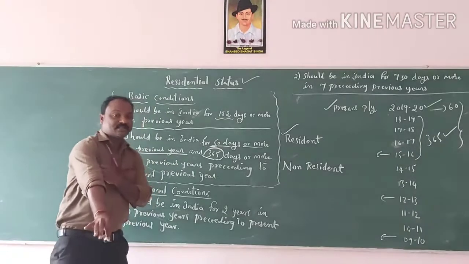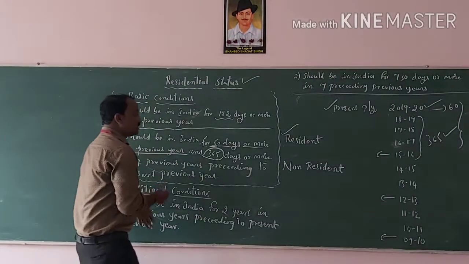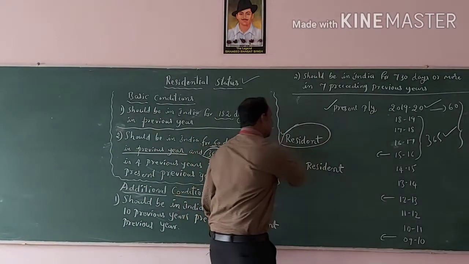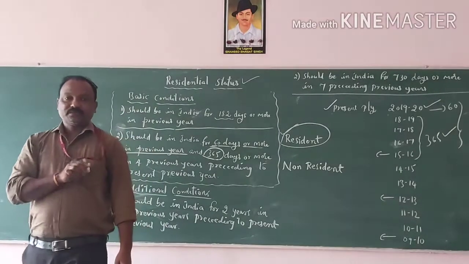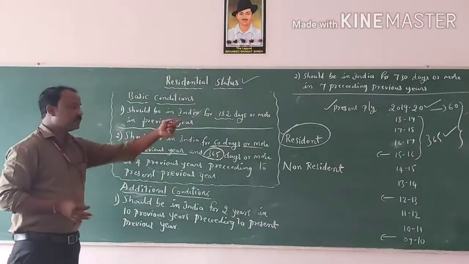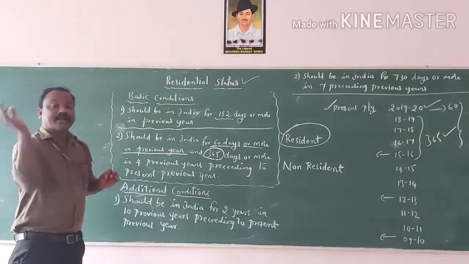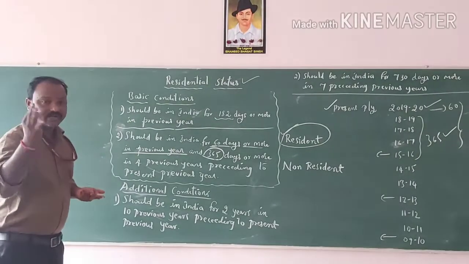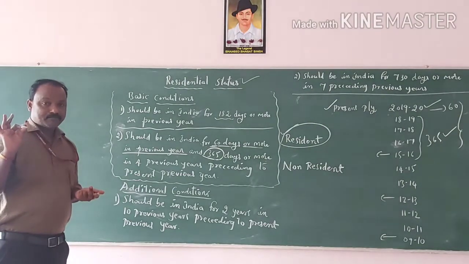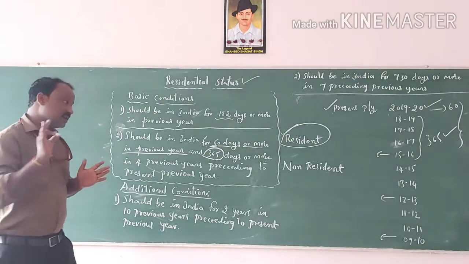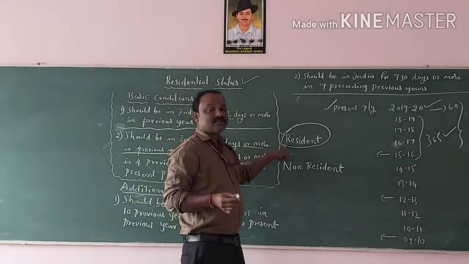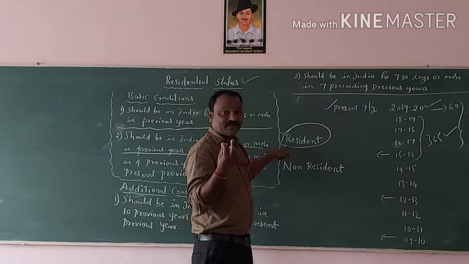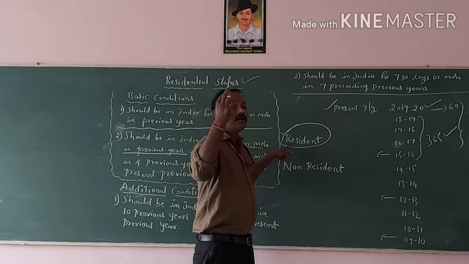After studying basic conditions, we come to know whether a person becomes resident or non-resident. If he becomes resident by fulfilling one or both conditions, then again we have to ascertain whether he is ordinarily resident or not ordinarily resident.